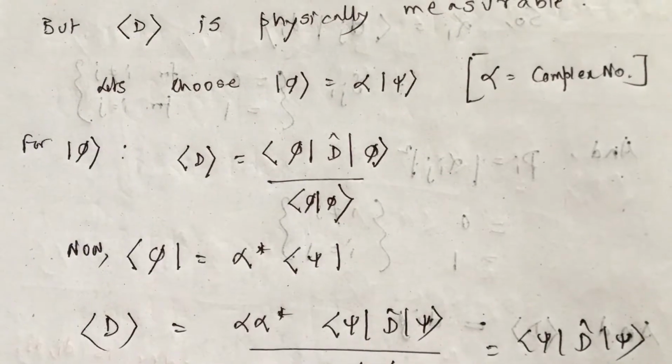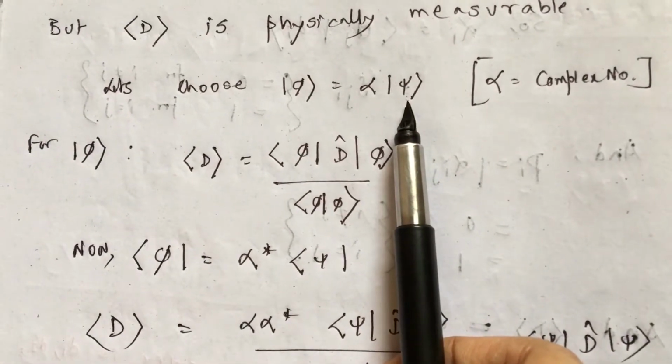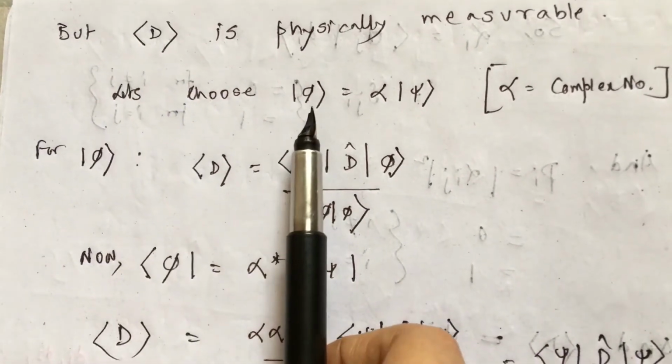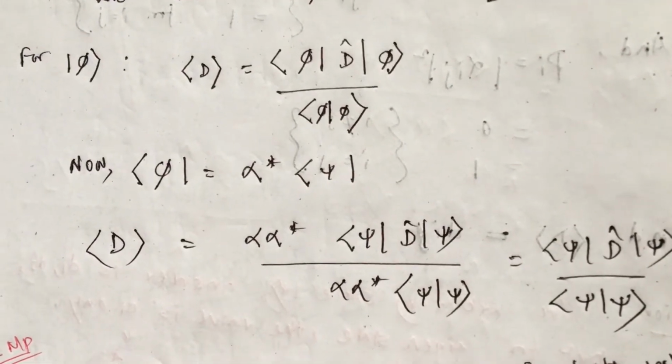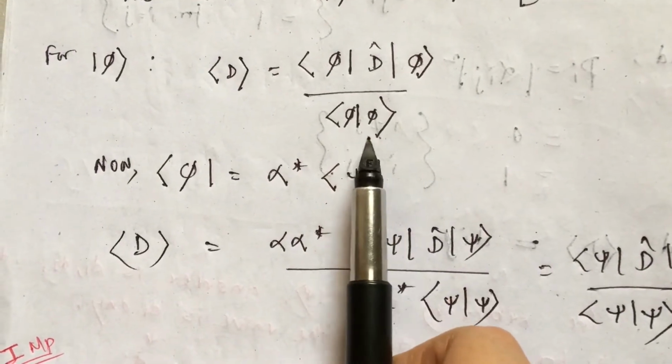So the expectation value, if calculated on this state psi, will be the same if I calculate the expectation value of D on this phi state. Now, for phi, the expectation value is defined as <phi|D|phi>, and in the denominator we have <phi|phi>.